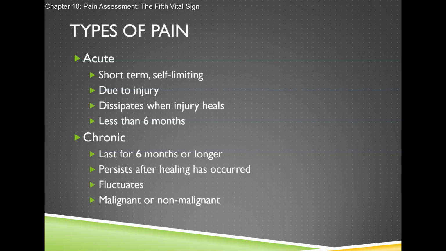So it stops when the injury heals. Usually it's less than 6 months. Chronic pain lasts for 6 months or longer. Even after healing has somewhat occurred, it can still go on. It can fluctuate too. One minute you're hurting from it, one minute you're not. And it can be malignant or non-malignant, which basically means it can be cancerous or non-cancerous.